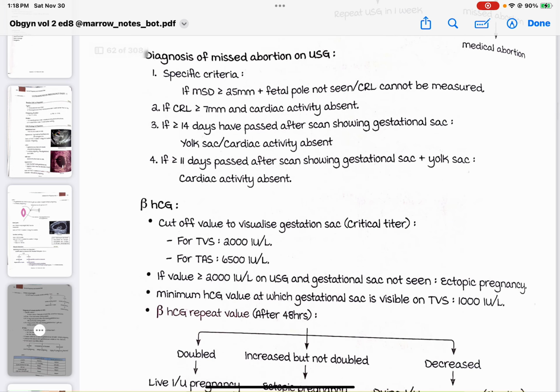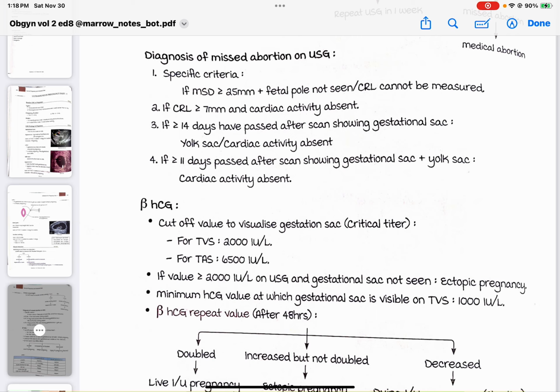Diagnosis of missed abortion on ultrasound. Specific criteria: if MSD is more than 25 mm. That is mean sac diameter.